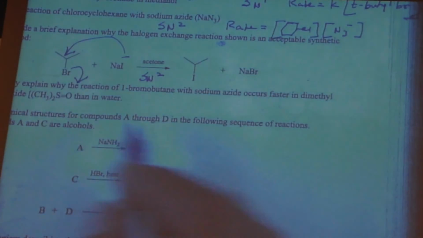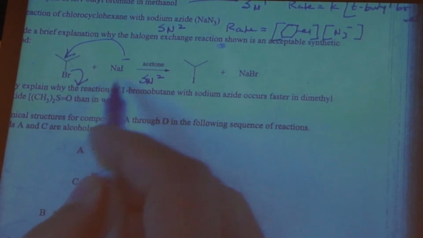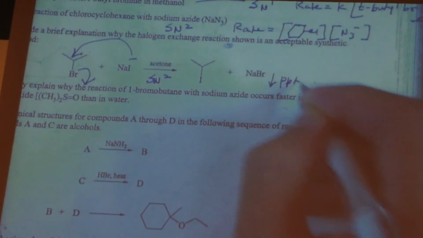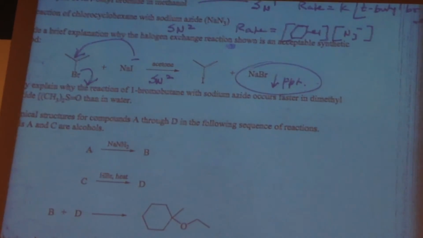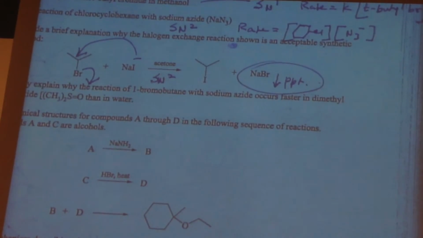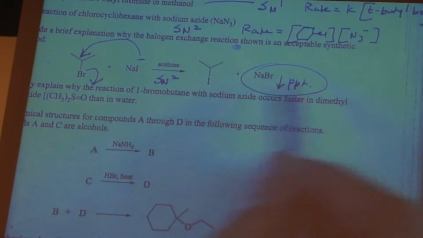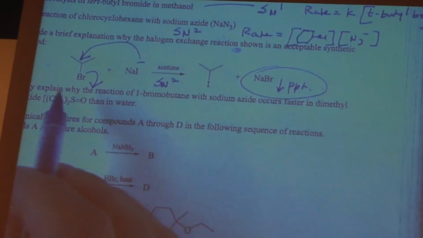One advantage is that sodium bromide is less soluble than sodium iodide in acetone, and therefore this is going to precipitate and as a result be removed from the solution. So following Le Chatelier's principle, each time the bromide drops, this pushes the reaction from left to right.